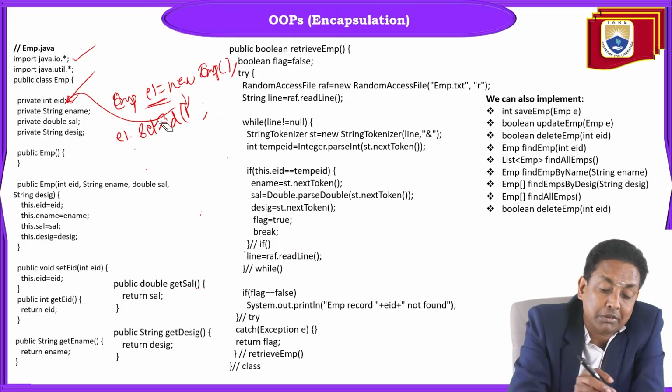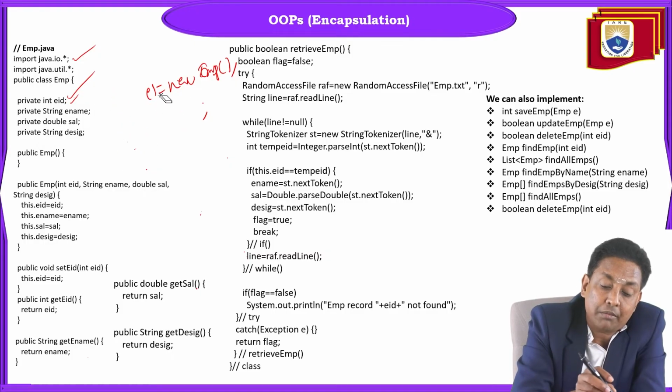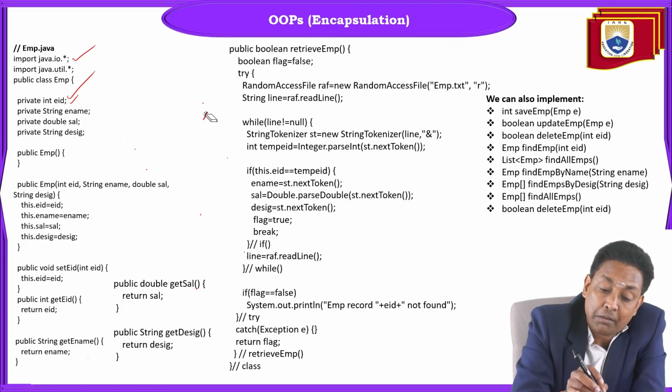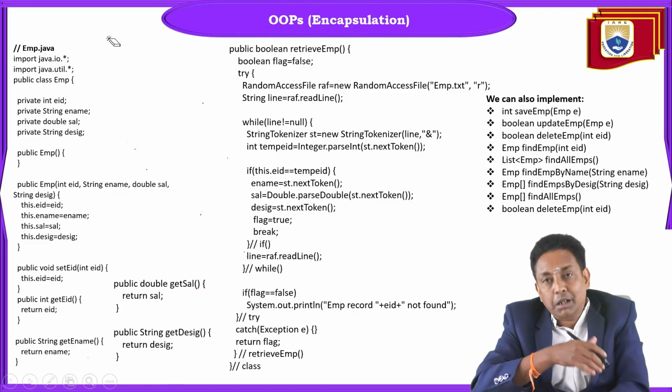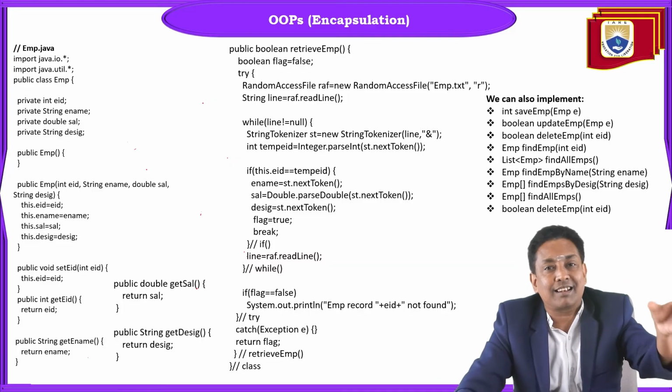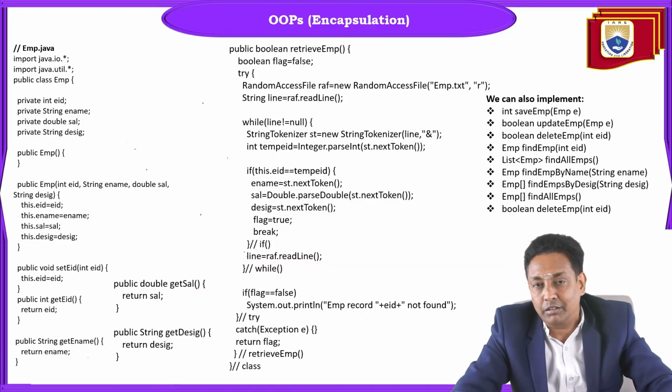Apart from setter and getter methods, in this program you can write the CRUD operations respective to this employee. CRUD operations means create, read, update, delete. In database terminology, that means insert record, retrieve record, update record, and delete record.